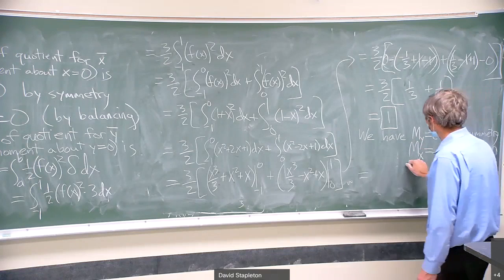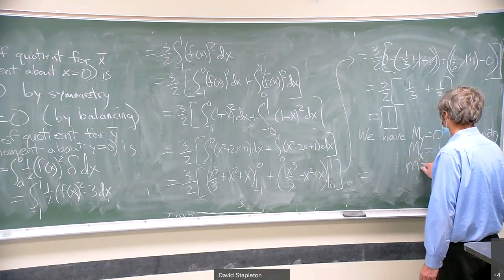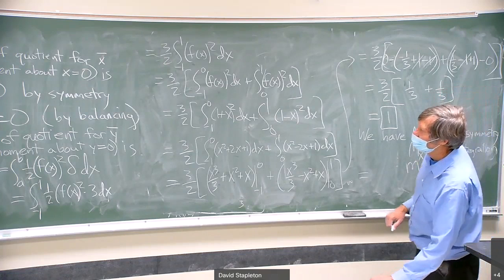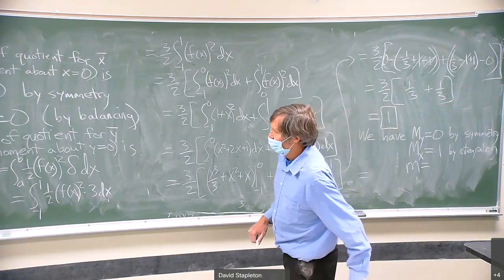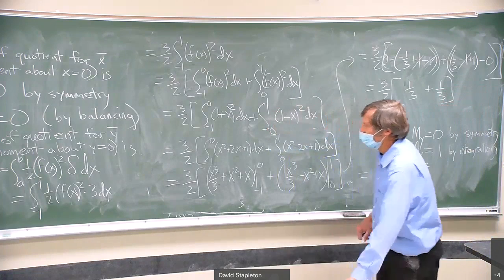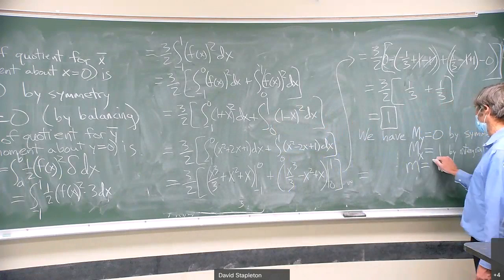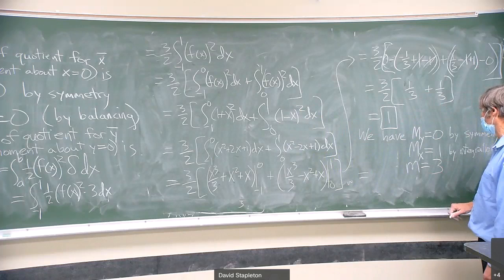We have the mass, which came out to be 3 because it was a triangle of unit area and you had density 3, so it's just 1 times 3 is 3.